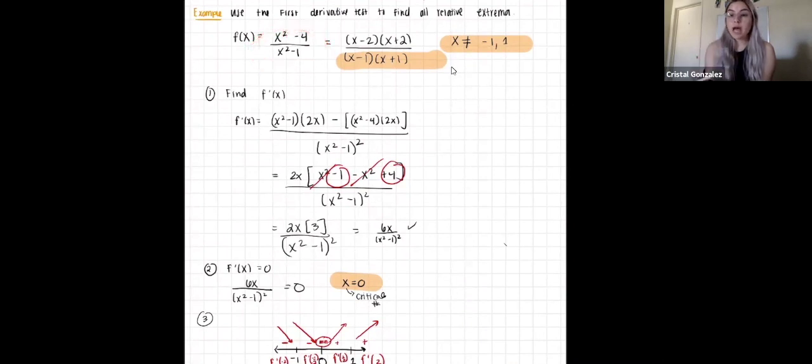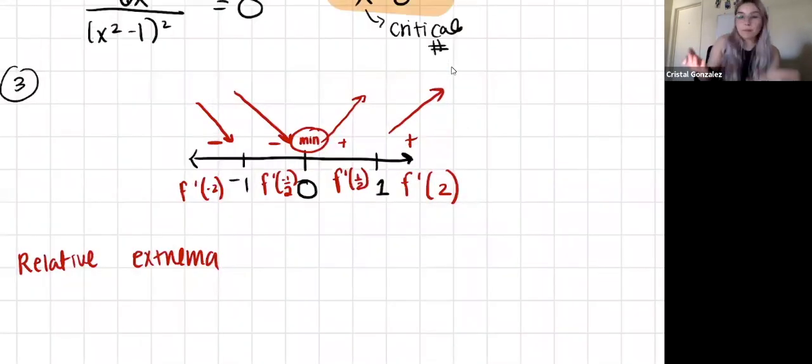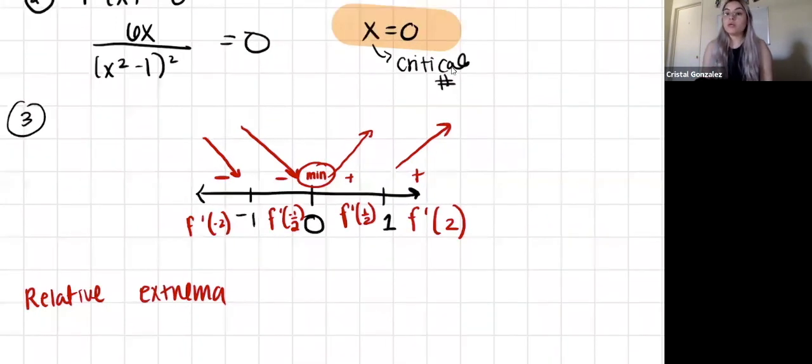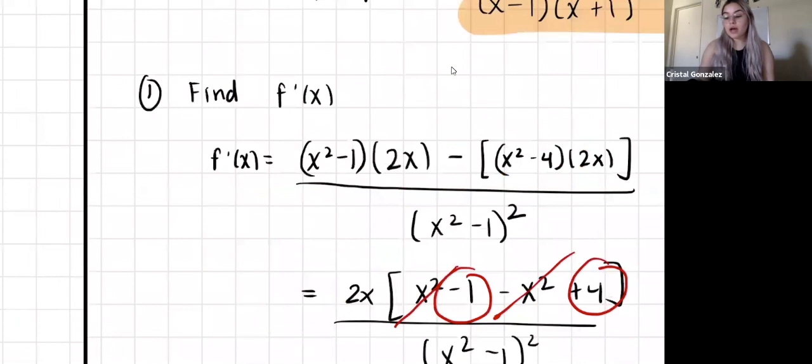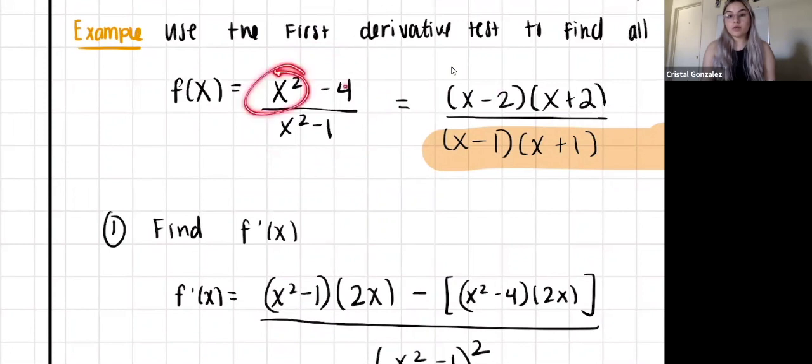So we can tell me, or tell whoever's reading your paper, where we know what happened at x equals 0, but we need to also report what the minimum value was, because it happened at x equals 0, but the minimum value is actually the value that happens when we plug it into our function. So our minimum, when we plug in 0 into here, we get 0 minus 4 over 0 minus 1.